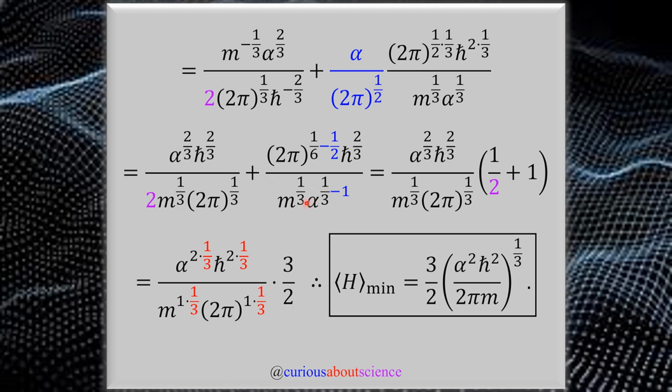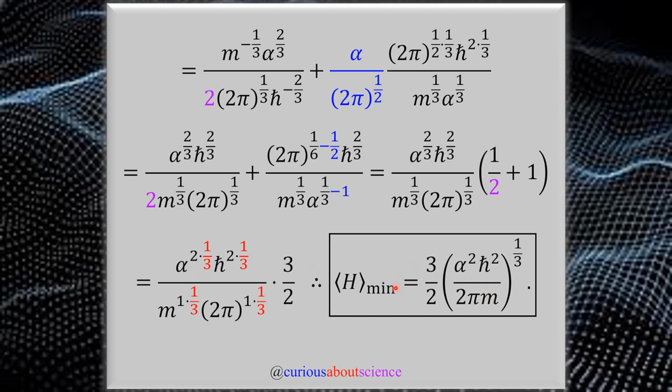And we see that because of that, the 1/2 here that was from the kinetic term, we just have a 1 here from the potential, so we have a fraction that needs to be simplified here, which goes to 3/2. But notice that everything here is to the 1/3 power. So I could pull all those 1/3 out to 1 power, and I simplify my expression to something really simple.